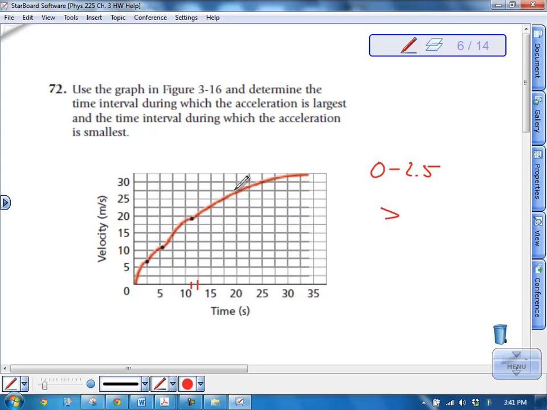And I don't even know if they want us to use these dots, to be honest with you. So anything greater than 15 seconds. I'm not going to be picky about this answer because it's not real clear what interval they're talking about. You could say anything beyond 35 or 30. So just know that acceleration is greatest here, and then it slows up over here. I won't be picky about whatever interval you choose.